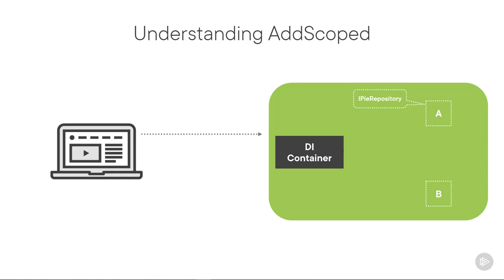The container will create a new object, probably a PiRepository instance, and it is kept alive as long as the request is being handled. If somewhere later in the handling of the request, another IPiRepository instance is requested, say by component B, so still within the scope of the request, the same old one is reused, hence the name of the method AddScoped. When the request is handled and the response is sent back to the client, the object will be discarded.